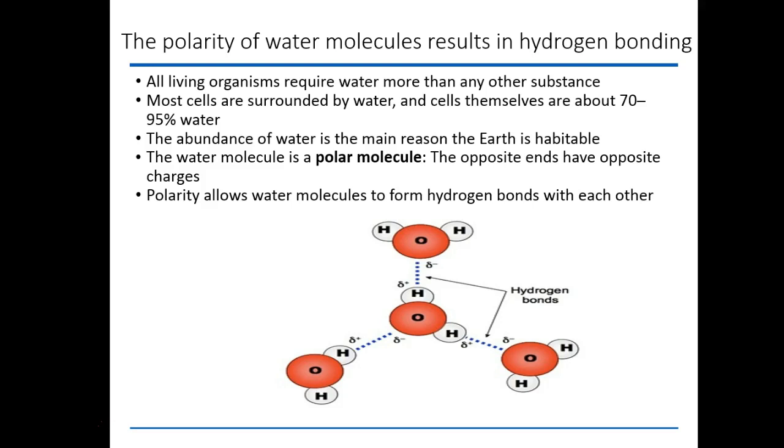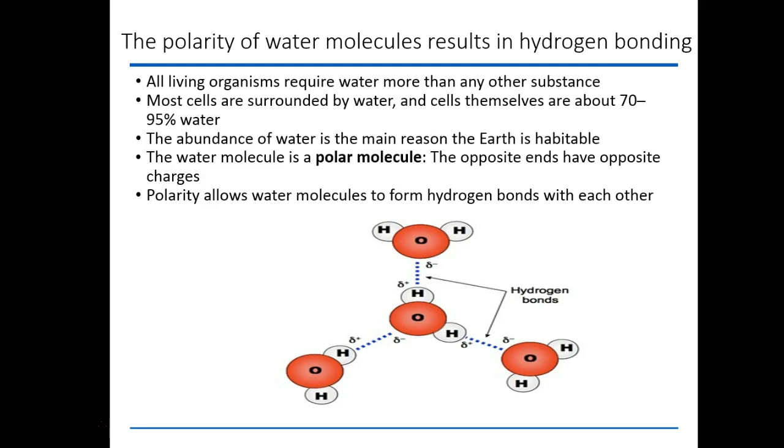We talked about polarity and about hydrogen bonding, and you have a nice picture here of this hydrogen bonding. The other thing to understand is that the oxygen and the hydrogens are fairly stably bonded to each other.